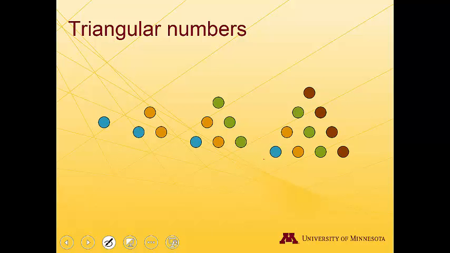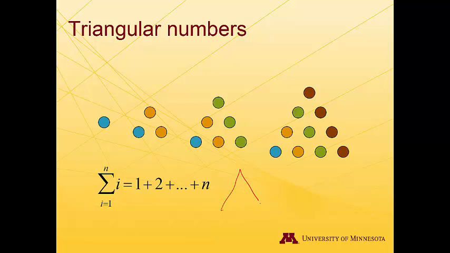I've colored it now so that you can see that we've got 1 dot here, 1 plus 2 dots here, 1 plus 2 plus 3 dots here, 1 plus 2 plus 3 plus 4, and so on. In fact, we can write that using summation notation as the sum of the integers i from 1 through n for a triangle with n on each side.